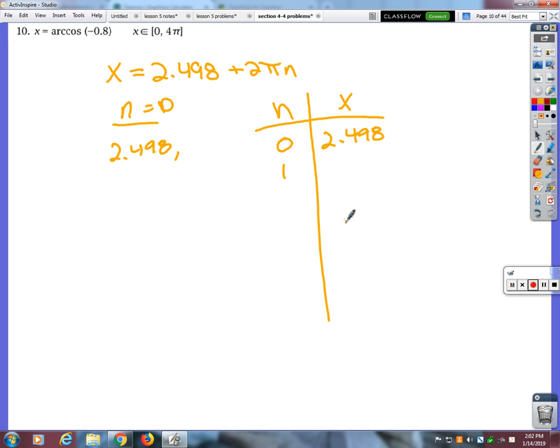If I plug in 1, then I get 2 pi plus 2.498, which is what? I'm looking for a calculator answer, not a guess. If you go 2.498 plus 2 pi, what do you get?